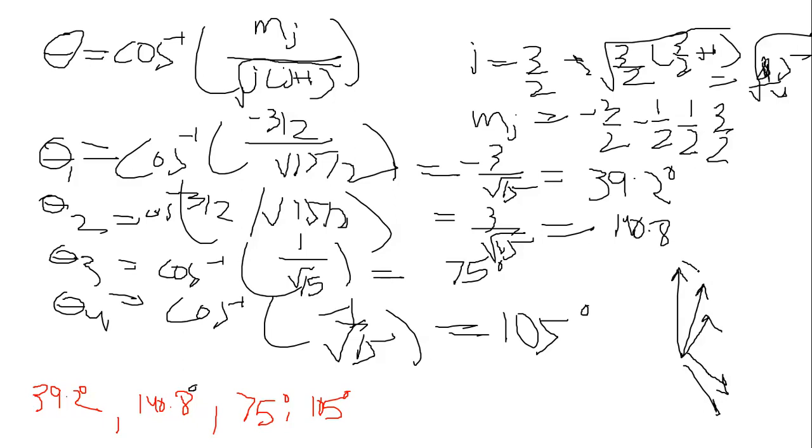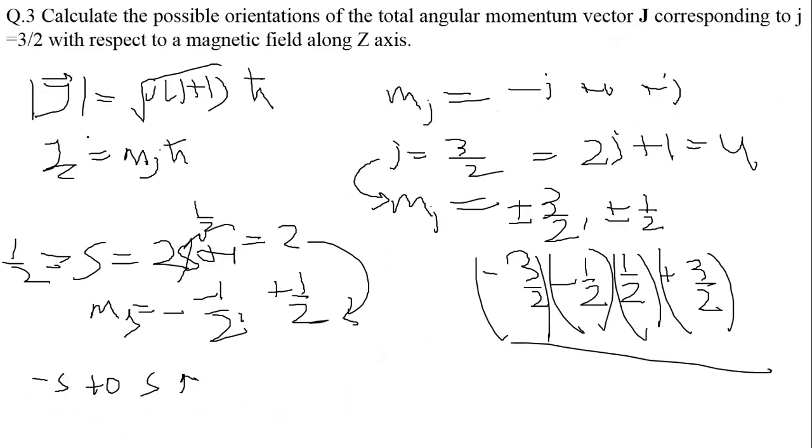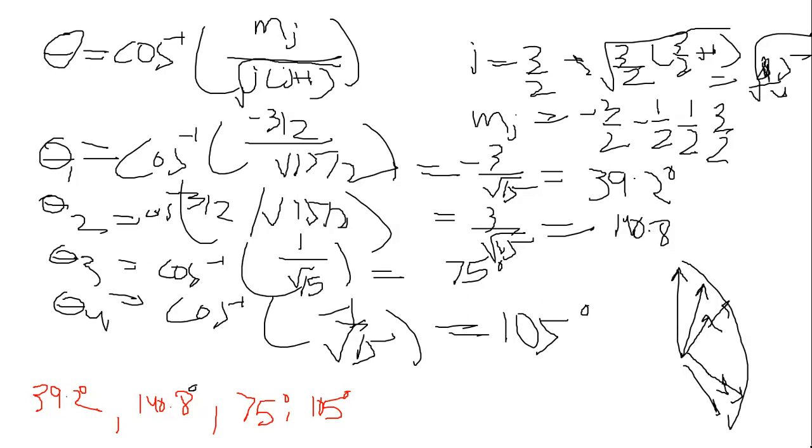They all will be of the same magnitude, because only theta is different but the j value is the same, and the magnitude of the j vector depends on the value of j, because the magnitude of j is root of j into j plus 1, times h cross. So for each j value, the magnitude of the j vector is the same but the z component is different, due to which their orientations are different. So the length will be the same but the orientations, that is the value of theta, will be different.